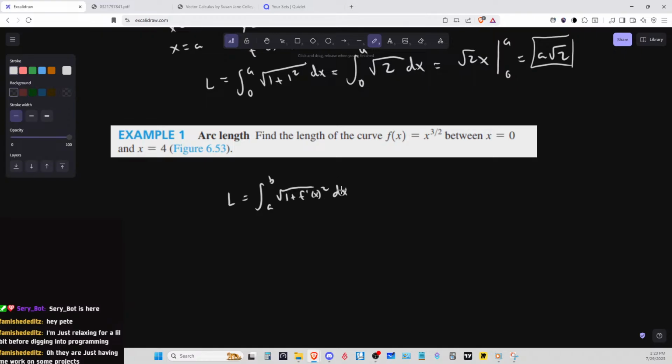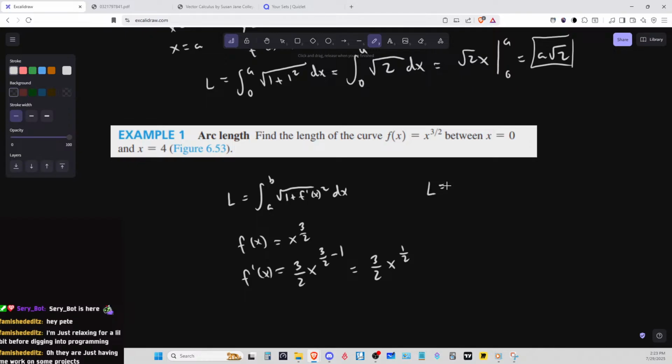Find the length, so f prime of x, so this will go down here, and then we'll have this minus this, which leaves us with a half, because that's basically what we've got to do with that.